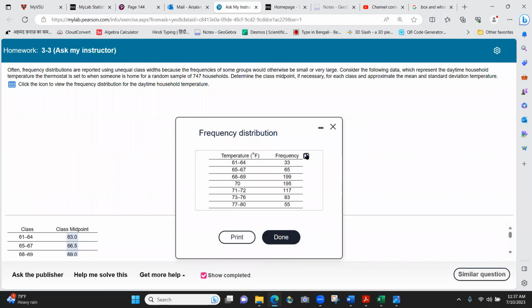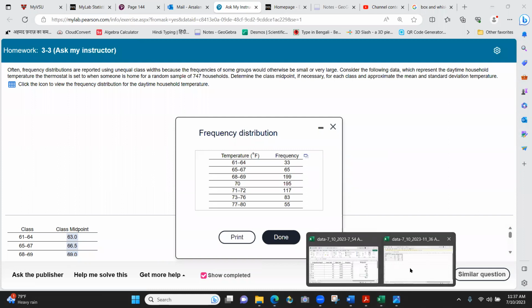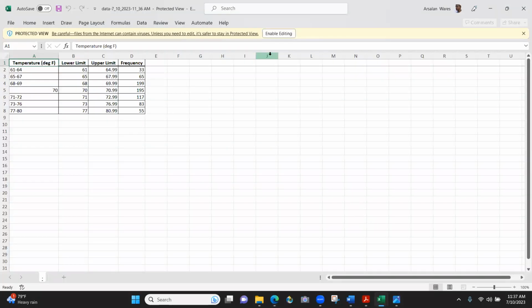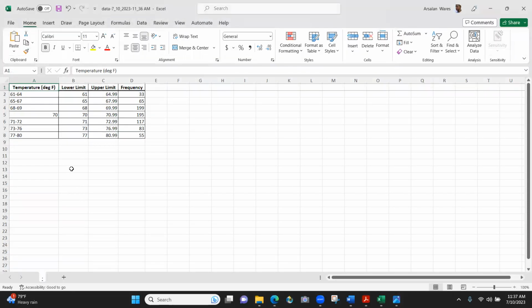Again, if you click this, the data will come out in an Excel form. You have to save it as Excel, and I did. I think what people are struggling with is finding the midpoint. I'm going to write M here for midpoint.